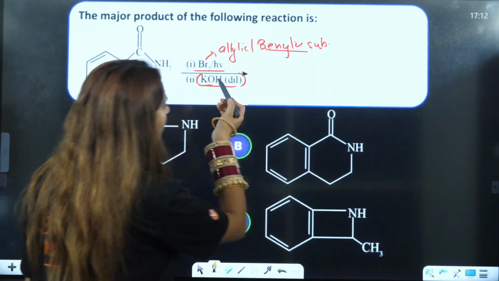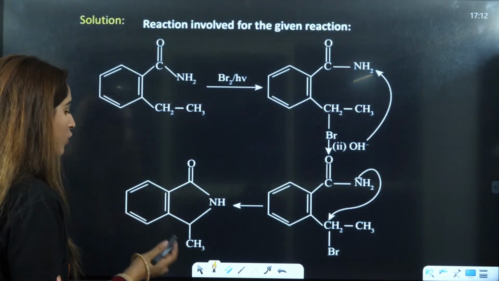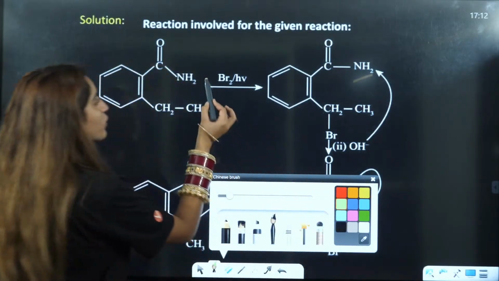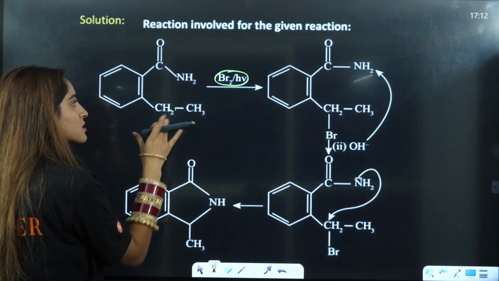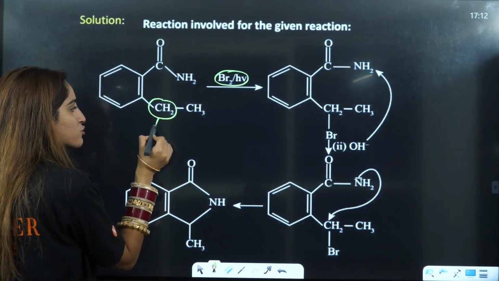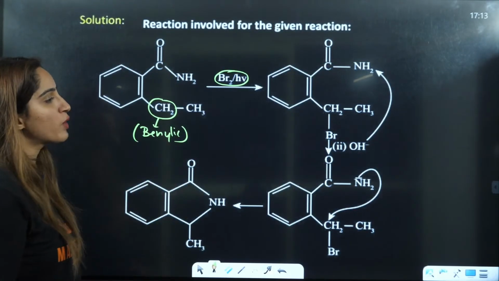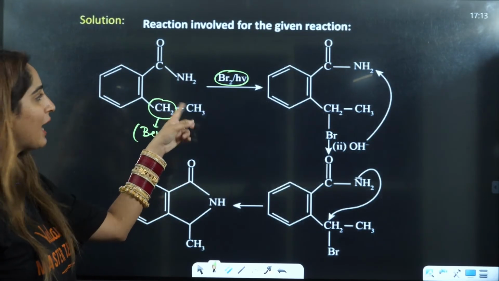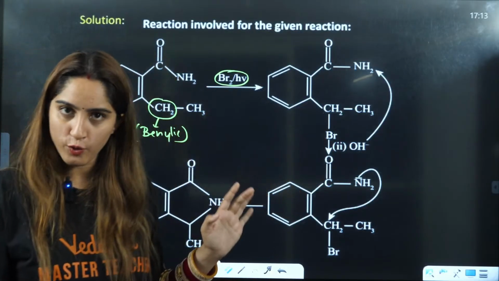So basically it is a base that is going to abstract proton from the alpha position. Let us see how. So first thing is, you have Br2, which is going to attack on the alpha hydrogen. This is the benzylic hydrogen. It is going to eliminate this hydrogen, and here you will have Br over here, and that will be replaced by Br. Okay.